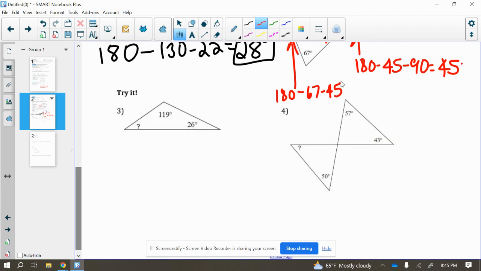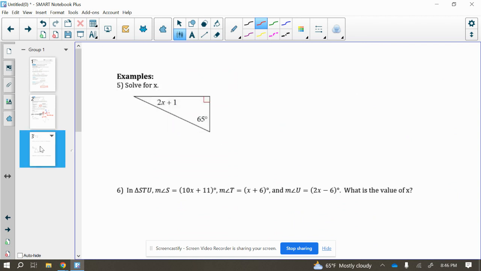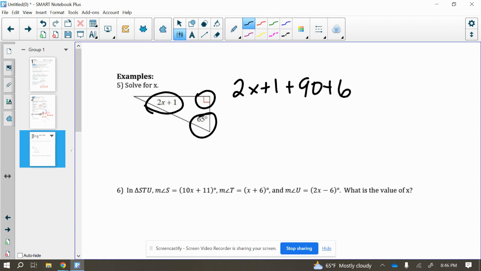We have a similar one to that down below. Now, of course, we oftentimes want to solve for x using a little bit of algebra using this fact. So notice we have 3 angles given, and we know that 2x plus 1 plus that 90-degree angle plus the 65-degree angle need to sum up to be 180.